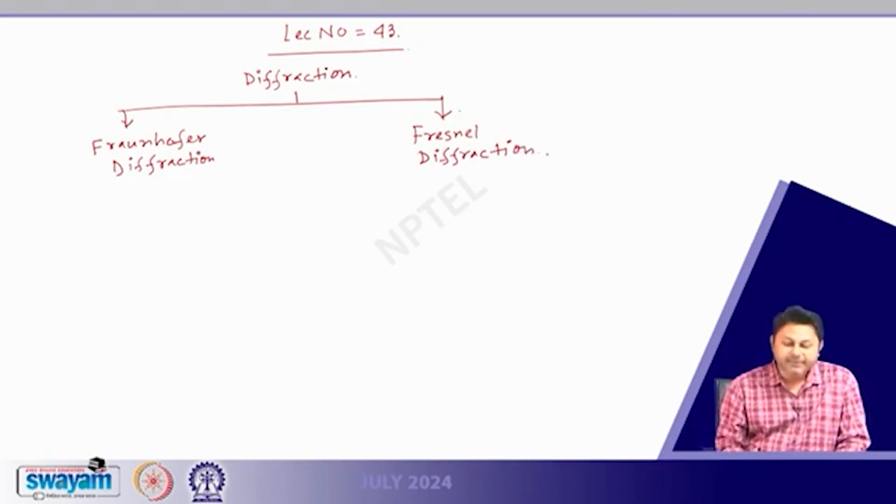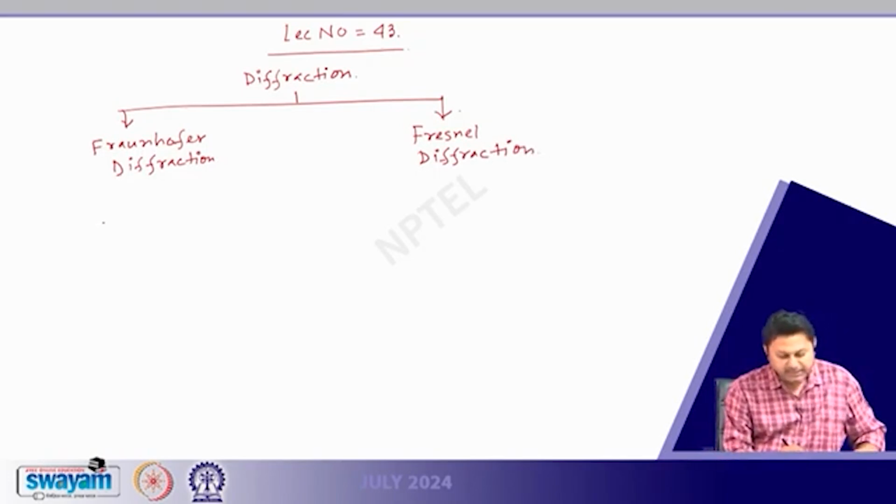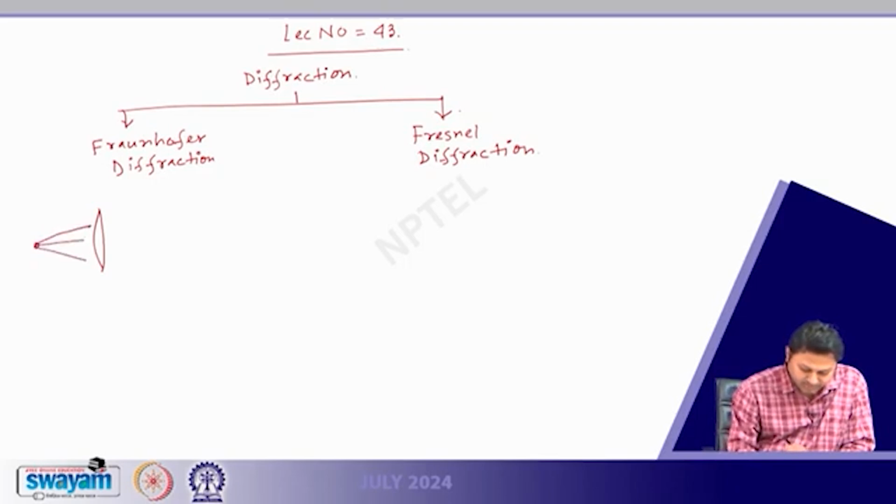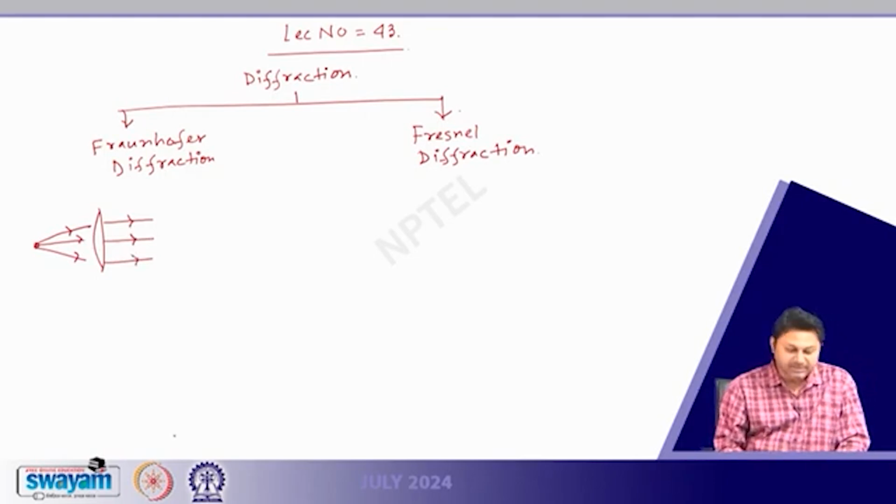In Fraunhofer type diffraction, you may remember that the source and the screen both are at infinity. The structure was something like this. This is the source where the light is emitting, and then we place a lens here so that we can have parallel rays that make the incident light, the source, to be at infinity.